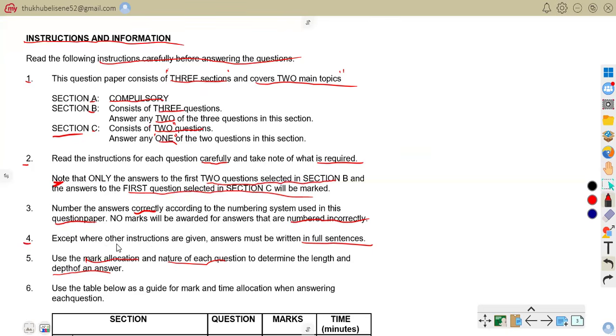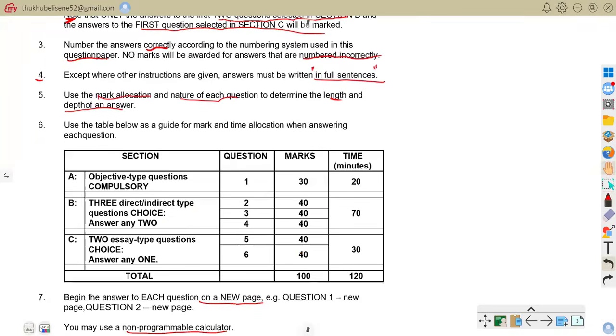Instruction number 4: except where instructions are given, answers must be written in full sentences. Use the mark allocation and nature of each question to determine the length and depth of an answer. Here is our instruction number 6: use the table below as a guide for mark and time allocation when answering each question.